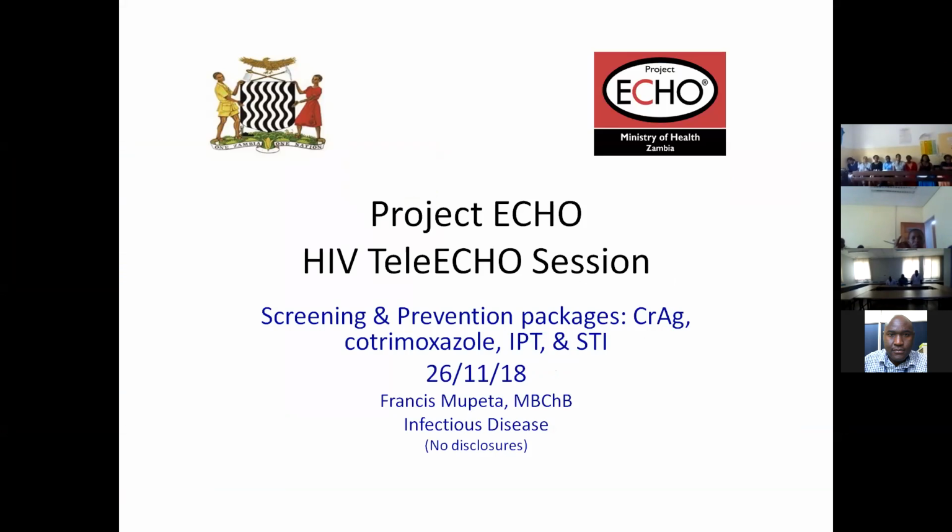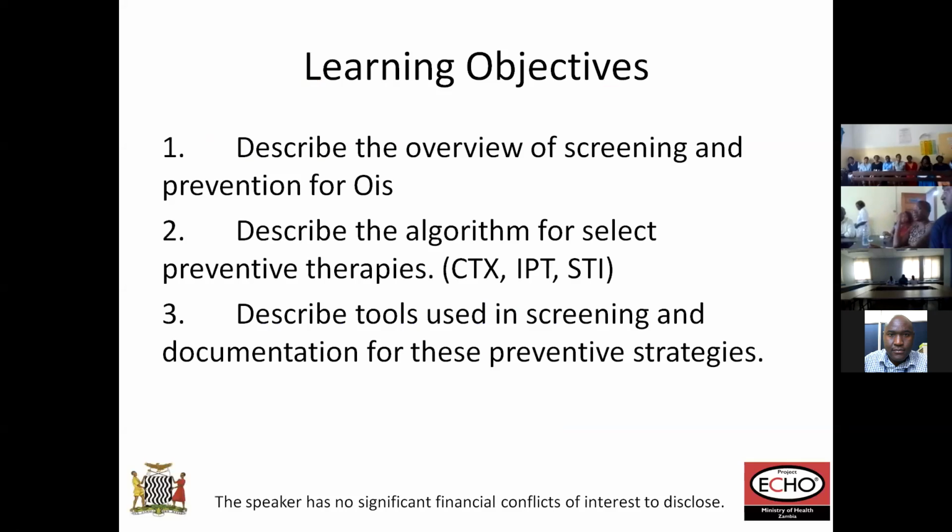Good afternoon, everyone. As it has been announced, we are talking about screening and prevention packages in HIV-infected persons, and particularly we'll be talking about cotrimoxazole, TB IPT, and screening for STIs. I have no financial disclosures.